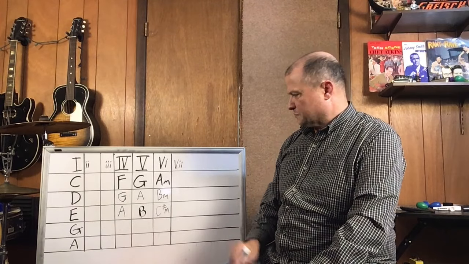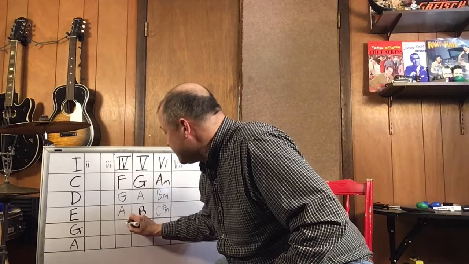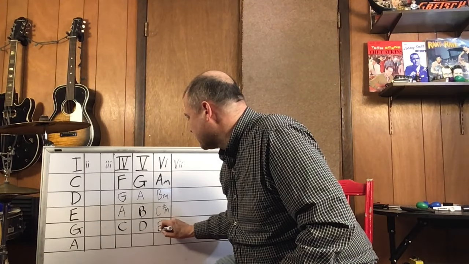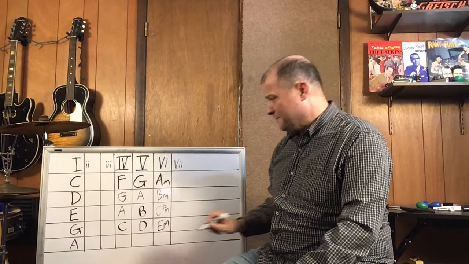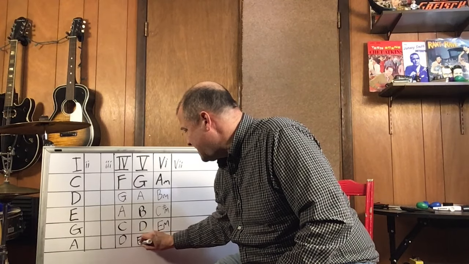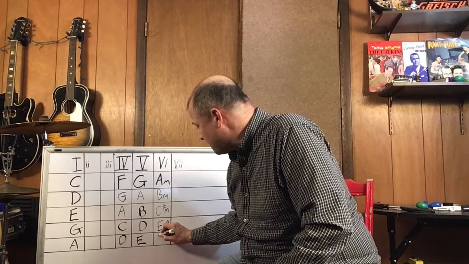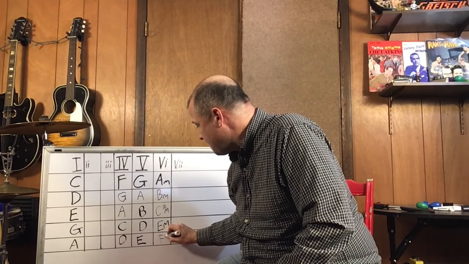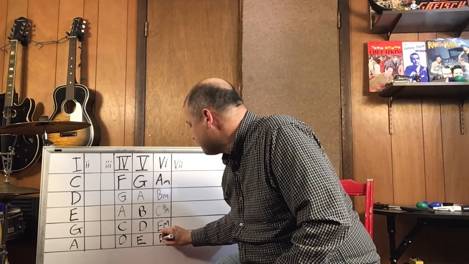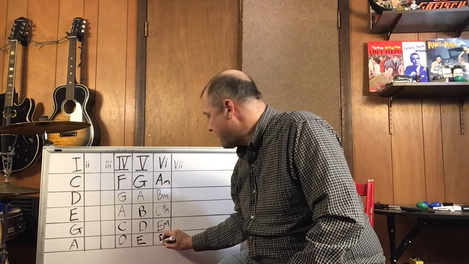G. I bet you already know what these 4 chords are in the key of G: G, C, D, E minor. And A: A, D, E, and here's a weird one, F sharp minor.